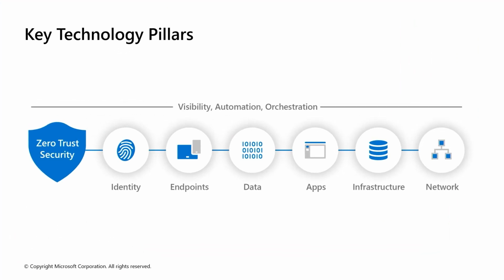When you look at the technology pillars that Zero Trust is applied against, you're seeing across the spectrum, from identities, which we've covered in another module, to hardware and devices, applications and data. All of these different components are part of the defense in depth model that we look at.